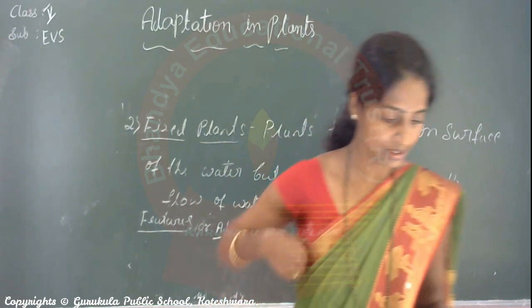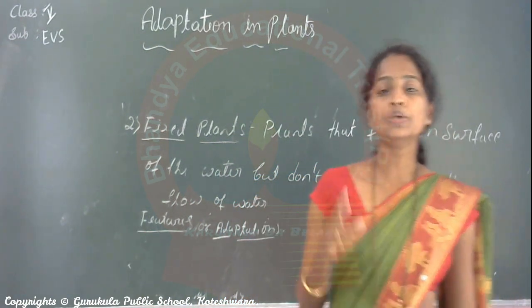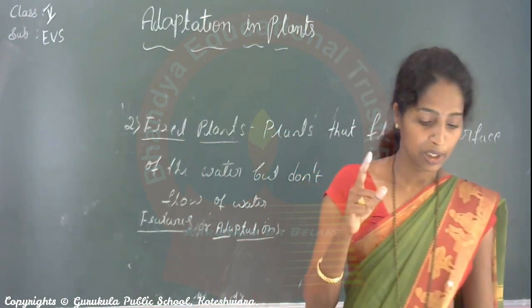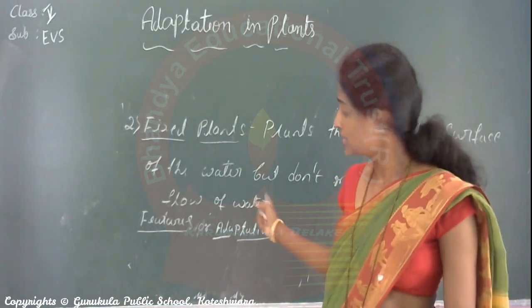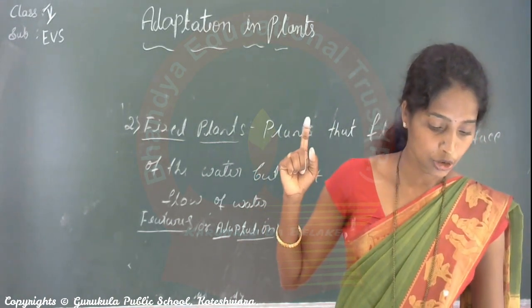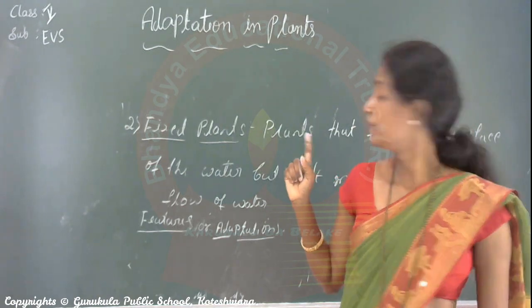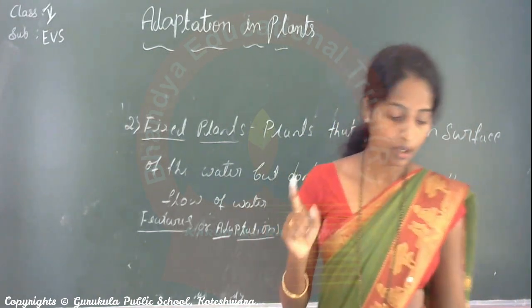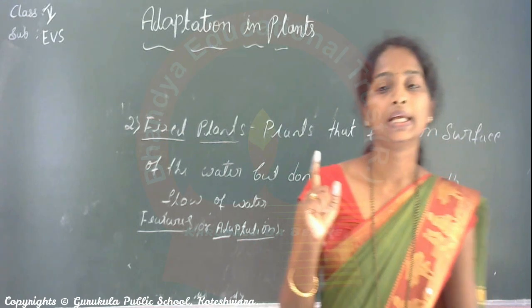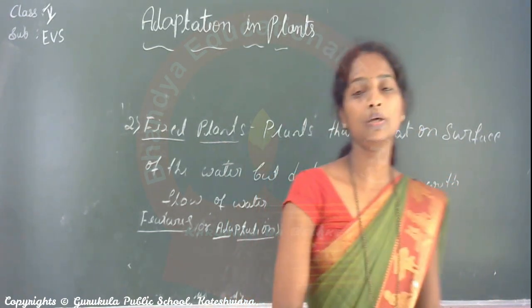First one is the root system of the fixed plant: it is fixed to the soil at the bottom of the water body.